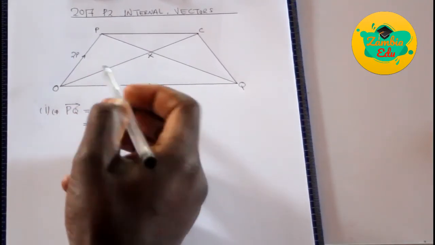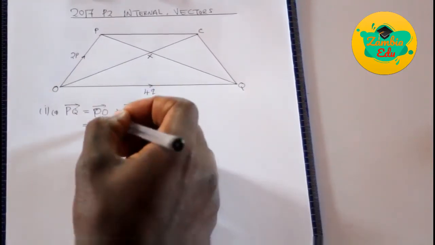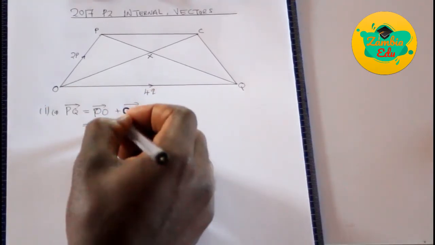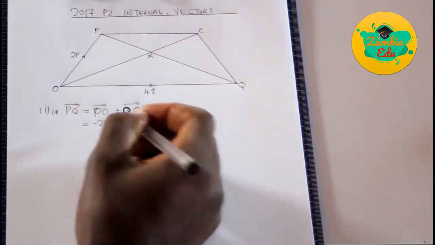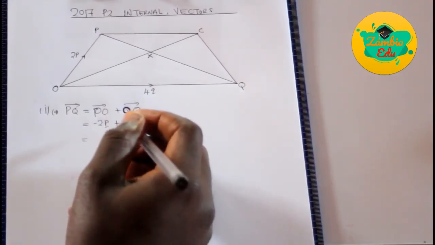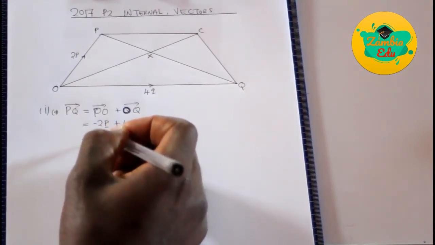By now you know why it's a negative, because it's opposing the direction of the arrow, plus OQ. So O to Q is going to be positive 4Q, as it's flowing in the direction of the arrow. So it is mostly advised to make it a positive vector in that way.